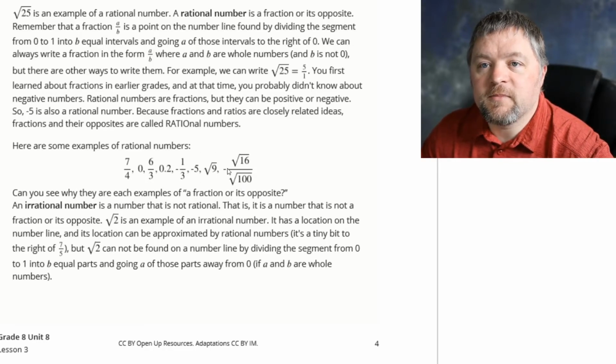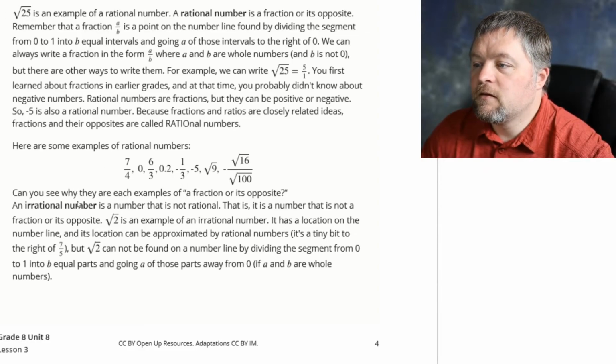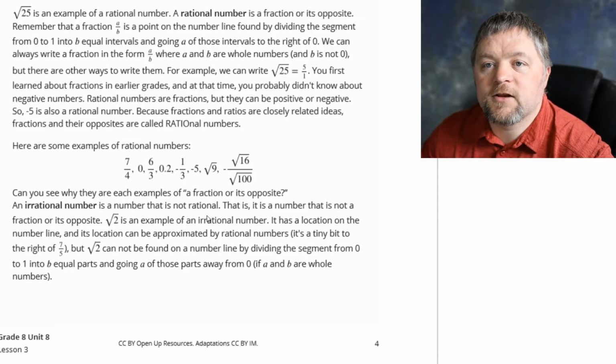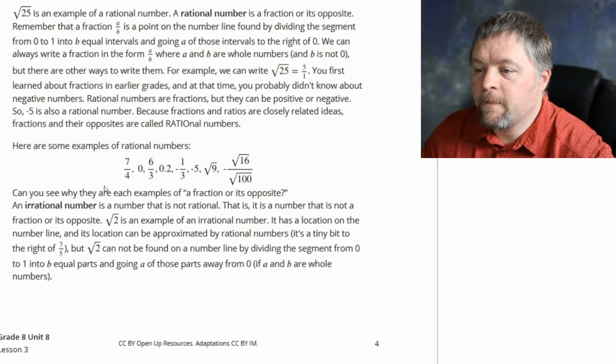They're all numbers that can be written as a fraction. Can you see why they are all examples of a fraction or its opposite? That's a fraction. 0 over 1 is a fraction. 6 over 3. 0.2 would be 2 over 10. Those are all numbers we can write as a fraction.